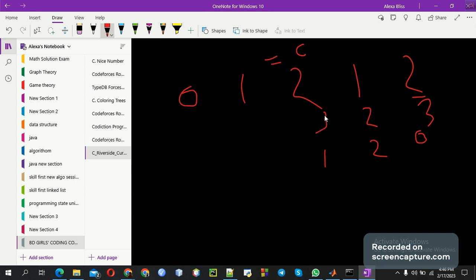The value will be 3. 3 watermarks are needed to complete this condition, and in this state it becomes 2. What will be the total watermarks situated here? This is 2, and at this level watermarks will be 1, because 1 is added here. 0 plus 1 is 1.